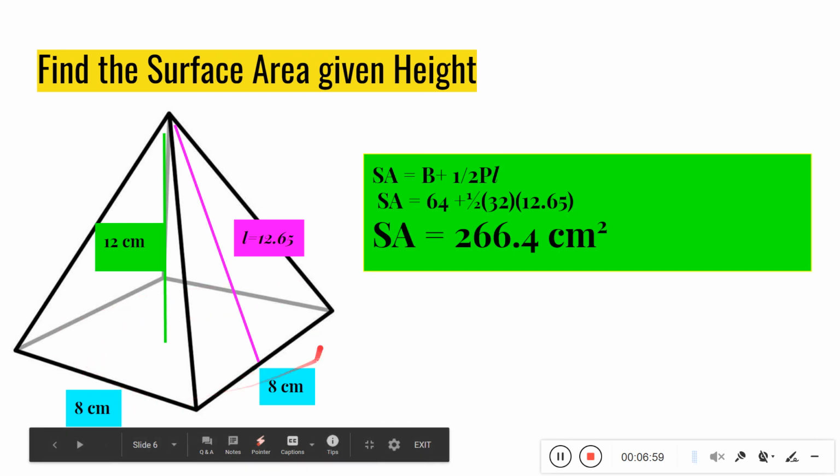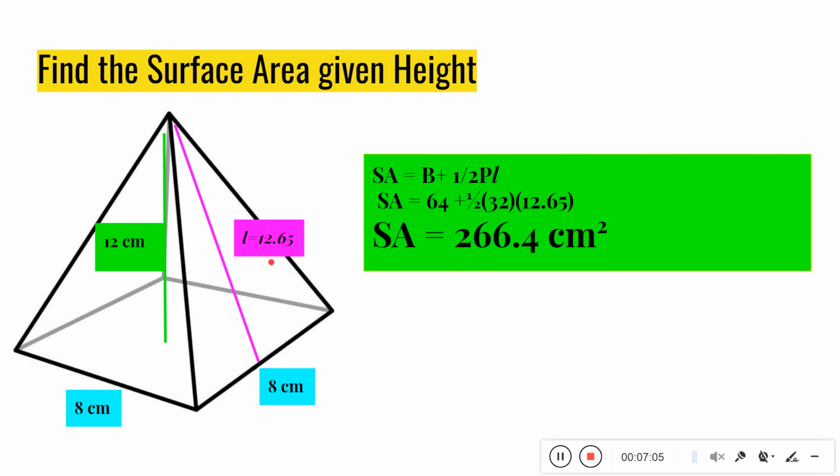That's 32, 8 plus 8 plus 8 plus 8. And then the lateral height is 12.65. So I just plug those into my formula, and the surface area of that pyramid is 266.4 square centimeters. Okay, that is how to find the surface area of a pyramid.